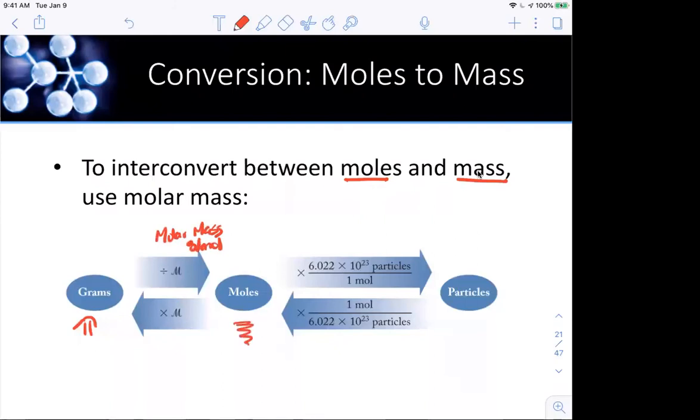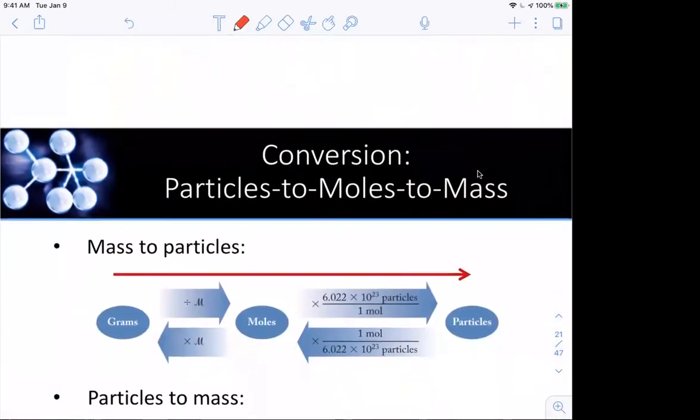I have to still go through the mole if I want to convert to number of formula units or number of molecules. So don't forget, I always go through the mole even when I do this type of a calculation.